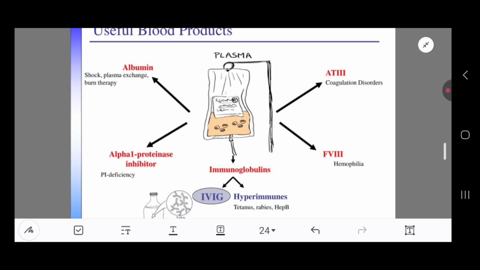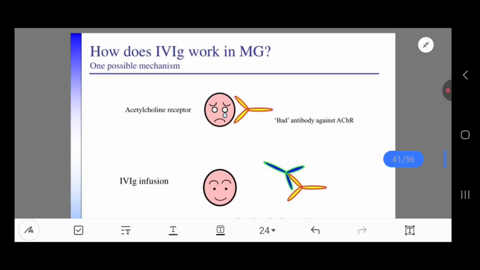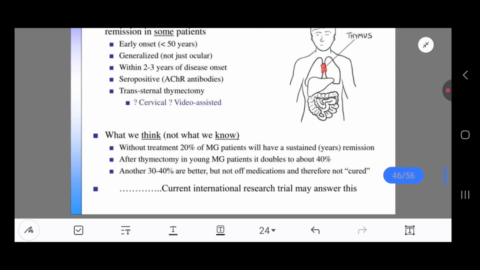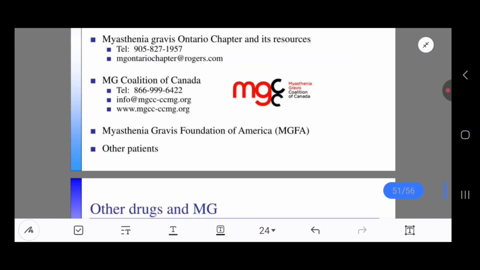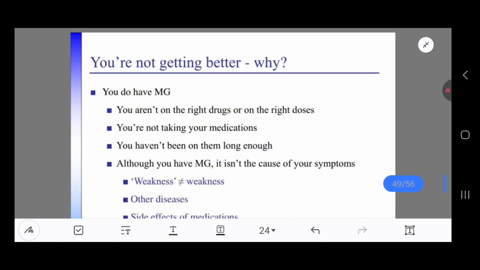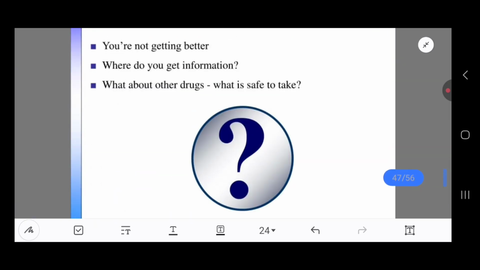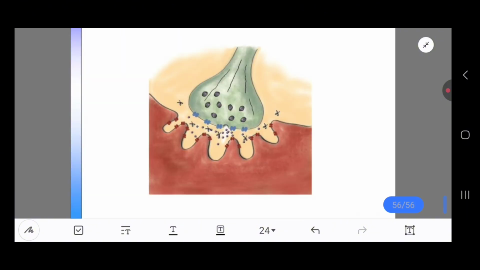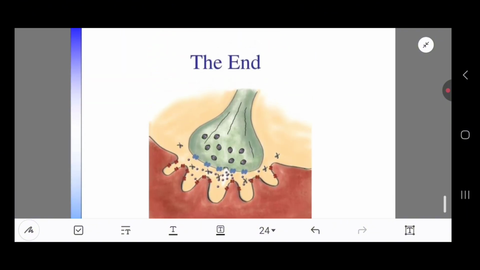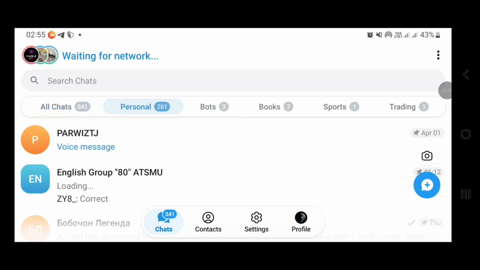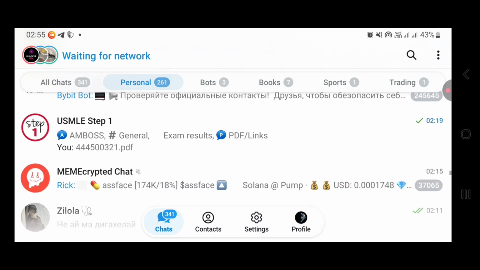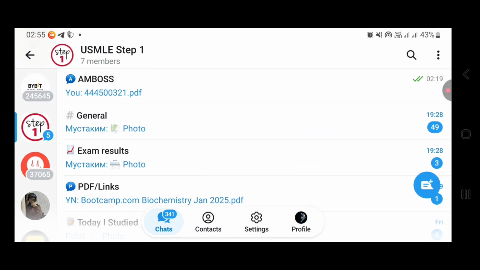That was mainly about the treatment of myasthenia gravis. Further, I will share my presentation. Also, I have some photos in order to build good visual memory.